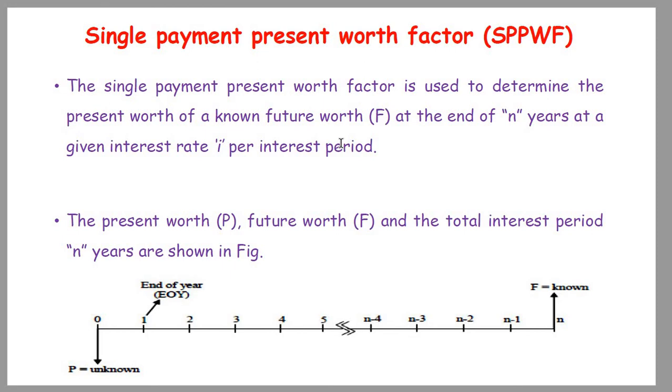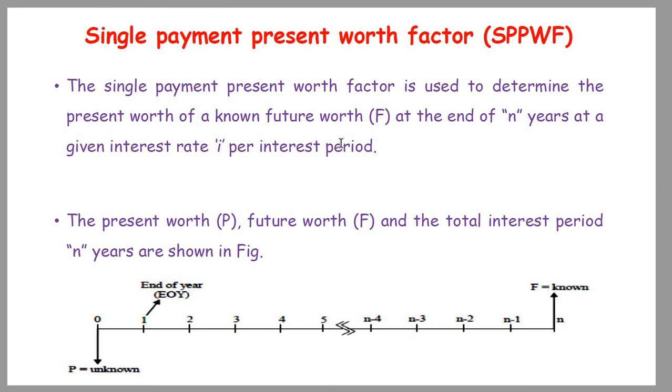But here, I don't know how much amount has to be paid at the end of every year, but I know that at the end of the 10 years I should get 1,50,000 rupees. So, take an example: I know the future worth, but I am going to calculate the present worth.